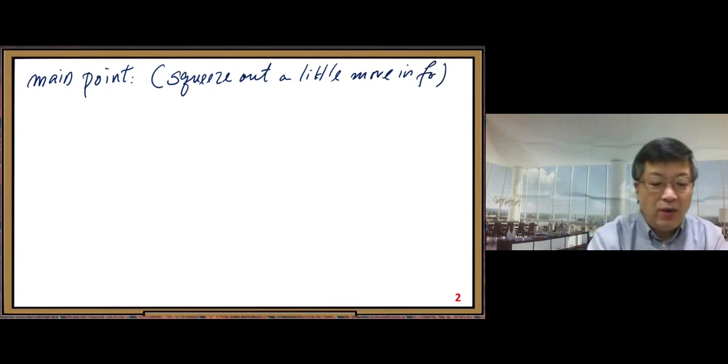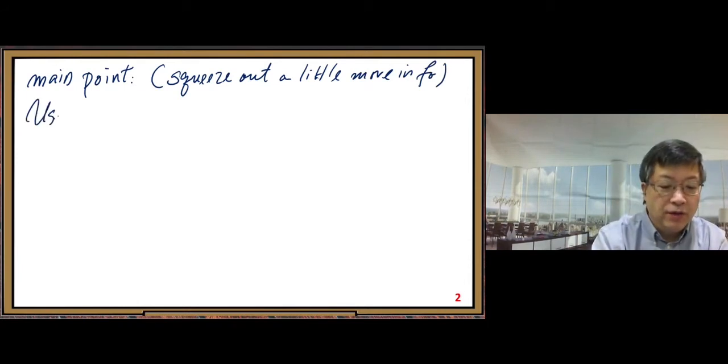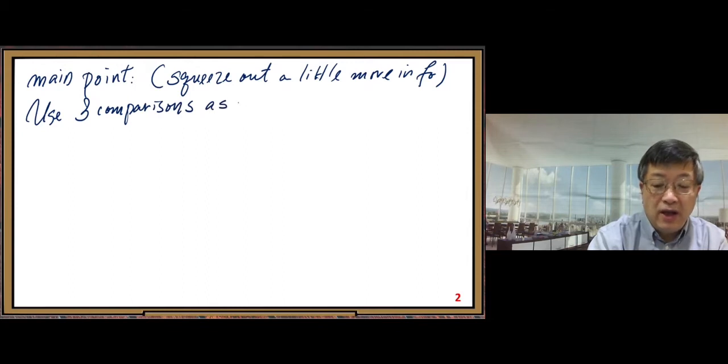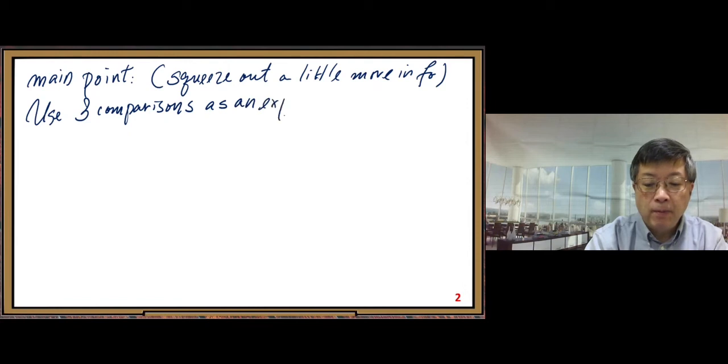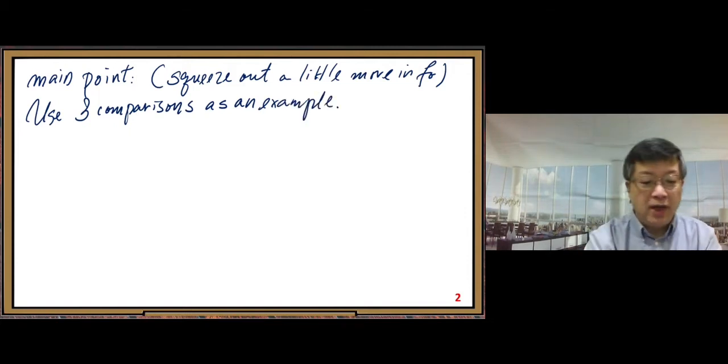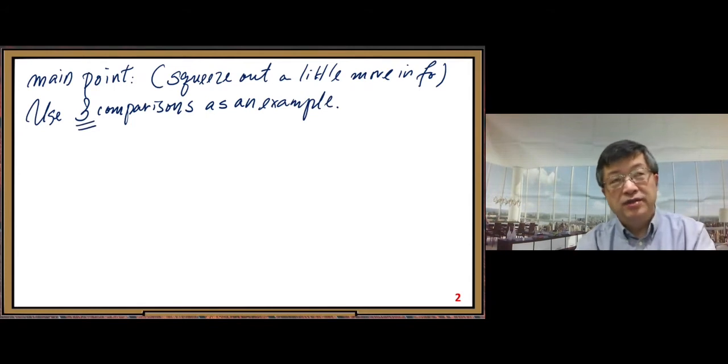But here I want to use 3 comparisons as an example to show you the point. Yeah, because 3 comparisons is a relatively small number, so it just shows you the point.